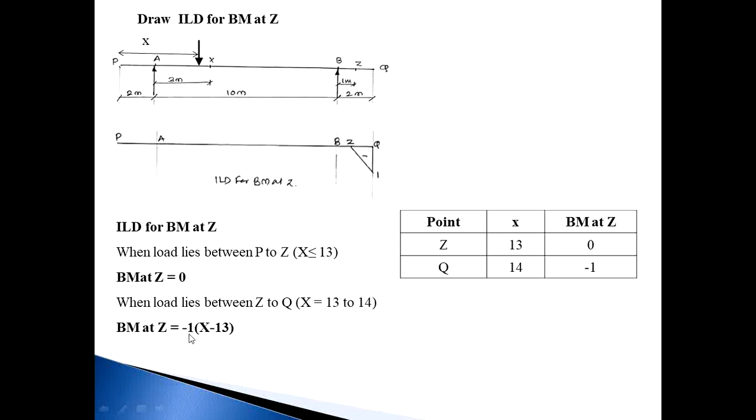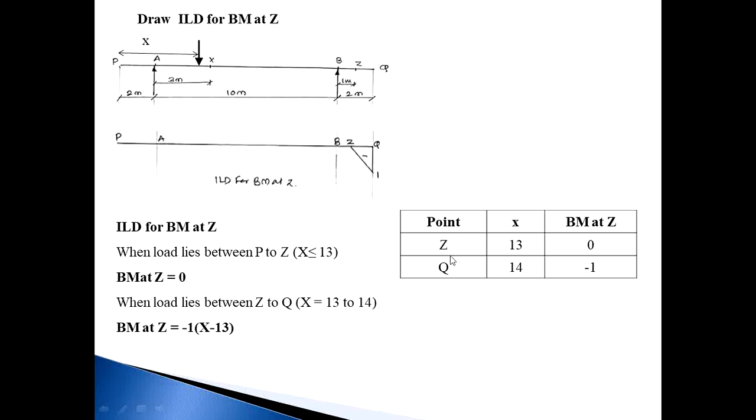So minus 1, it is the force, and the perpendicular distance is, this load comes in the span ZQ, so x minus this PZ distance, that is 13. So x minus 13. So bending moment at Z when load lies between Z to Q is -1 into (x minus 13). So this equation is only valid when load crosses point Z.